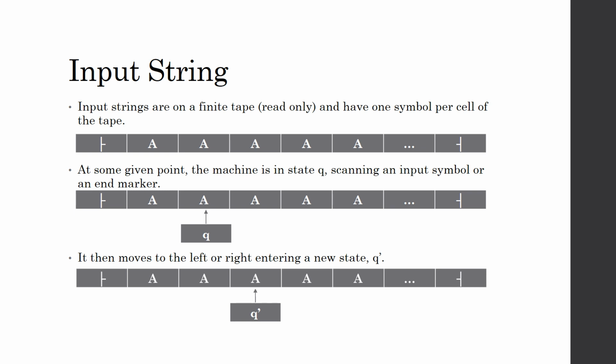So our input string here is just a series of the letter A, which is our sigma, and we have a state Q that is currently on the second A of the input. It then moves to the left or right, entering a new state, here we call Q prime. We'll just act like, given a transition, the read head moves right at state Q given A.